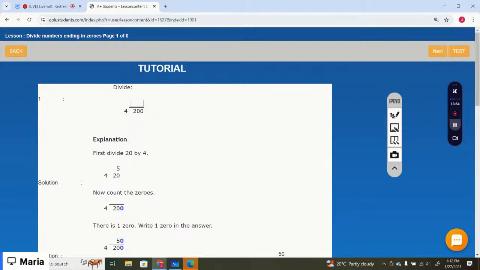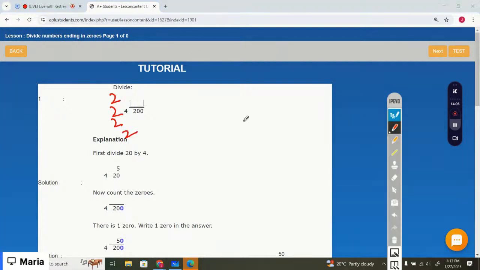200 divided by 4. So you have to divide the numbers that are ending with zeros. So how do we divide? The divisor is 4. The dividend is 200, right? 2 is smaller than 4. You cannot divide 2 by 4. So make it greater than 4. That is 20.